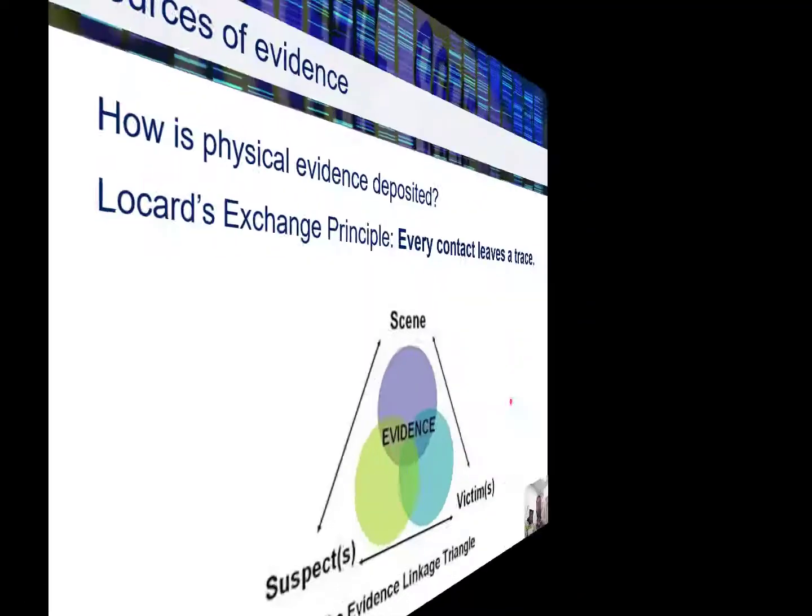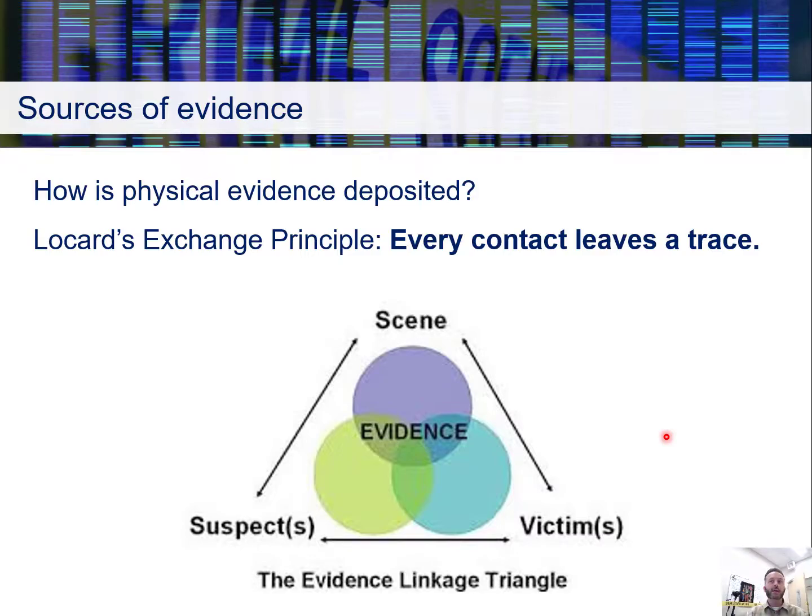a forensic scientist. So physical evidence essentially includes any objects that can establish that a crime has or has not been committed, or can provide a link between a crime and its victim, or a crime and its perpetrator. How is the physical evidence deposited? Well, as you know, the trace is left through physical contact according to Locard's exchange principle. Although, to be precise, some traces can actually transfer between objects or people without physical contact, but let's leave this aside for now.